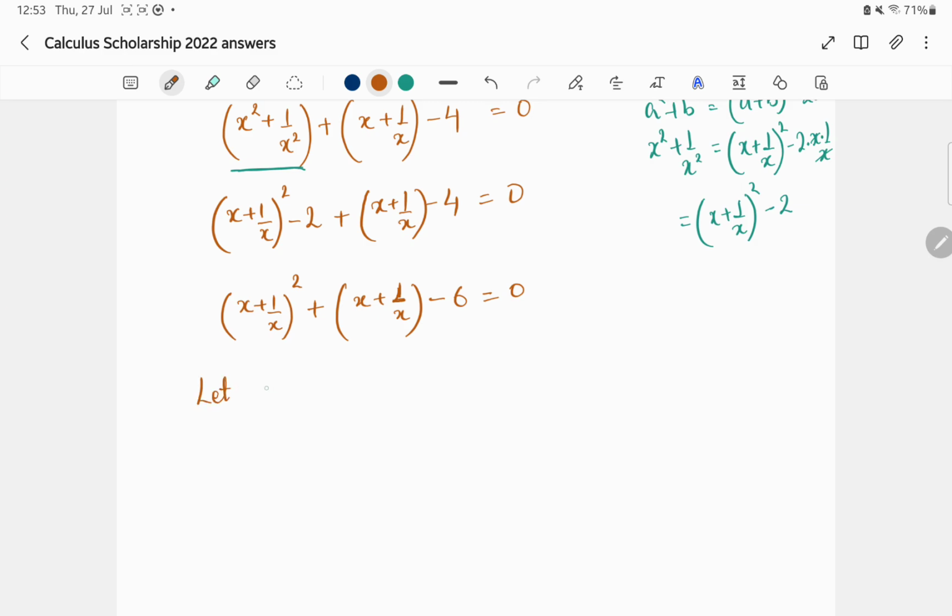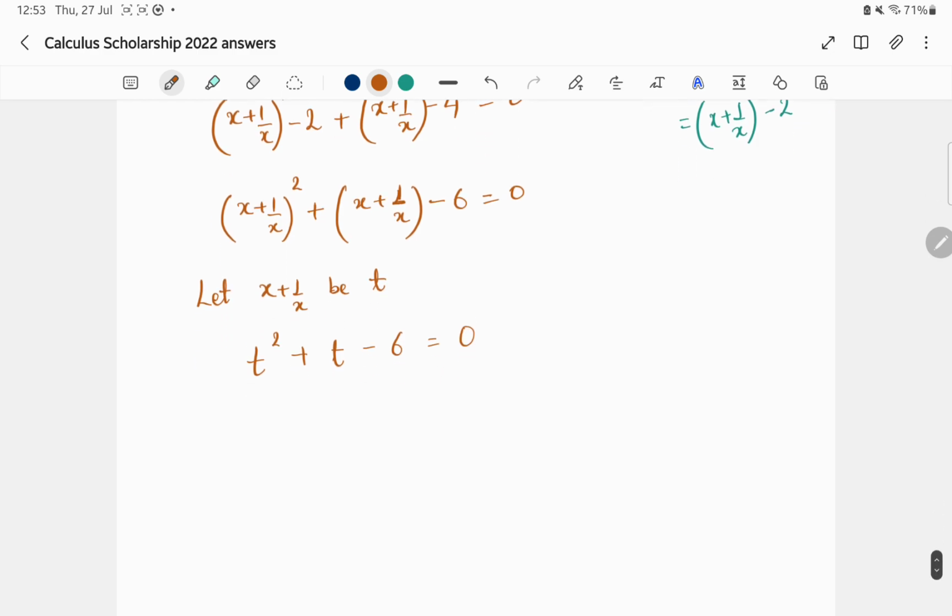So let's simplify the variables. Let x plus 1 over x be t. All right, so let's substitute that as t and simplify the quadratic. So we have t squared plus t minus 6 is equal to 0.